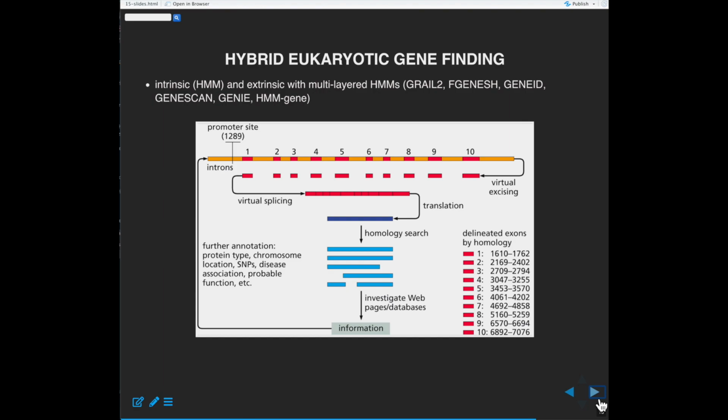Well, really, when you go to industrial strength gene finders that are supported by the NCBI and JGI for microbes, etc., the Broad, places that are doing a lot of sequencing, you'll find ensembles of techniques pushed together and mixtures of intrinsic and extrinsic methods. This is, for example, how you might do it in eukaryotes, where you would use homology search from databases like the NCBI RefSeq to align against the genome to get an idea where things are.